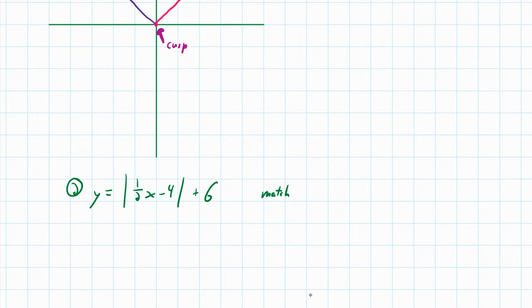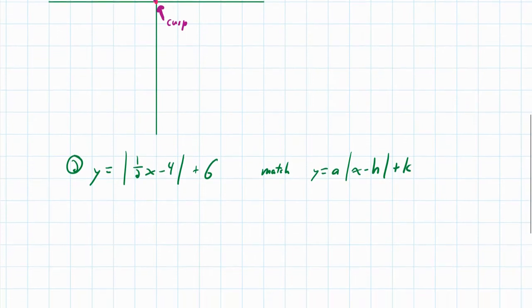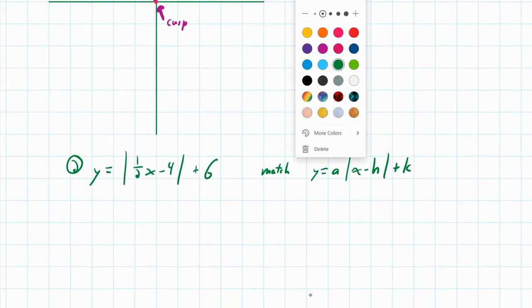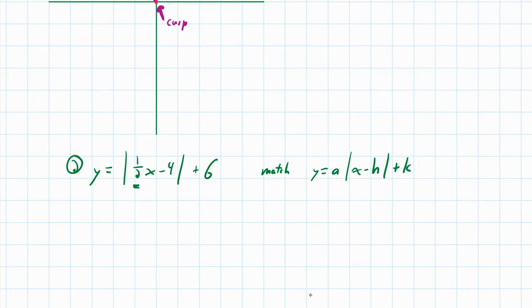I want this to match the form of y is equal to a times the absolute value of x minus h plus k. I know that this doesn't make a lot of sense right now, but what it essentially means is that I want to factor this 1/2 out. I want to pull that 1/2 out of both of these, and if I factor it out of both of them inside the absolute value, I would get 1/2 times the quantity x minus 8, then plus 6.